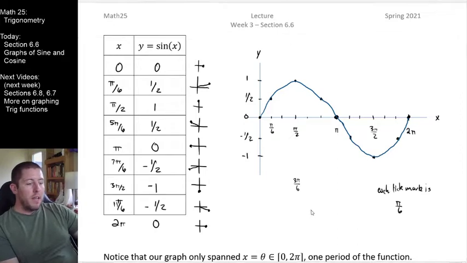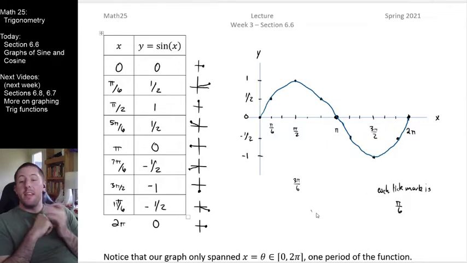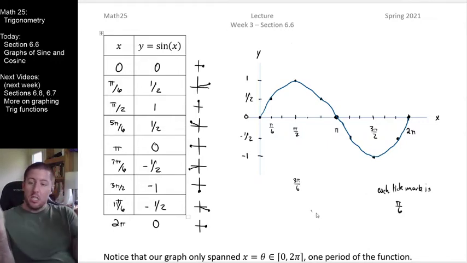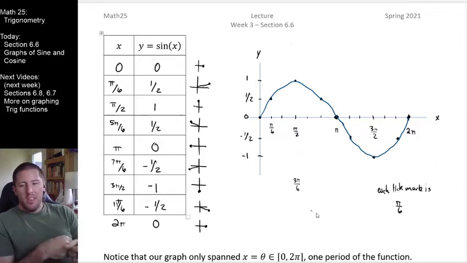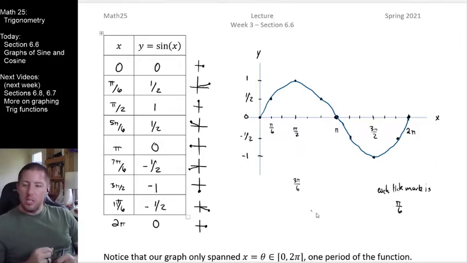So, some things that I want to point out before we walk away from this graph that we made. There's a couple important things. One, we discussed last class that the domain of this function is not just 0 to 2 pi. It's all real numbers. We could keep going. The only reason we stopped right here is because we know that everything's going to repeat every 2 pi.